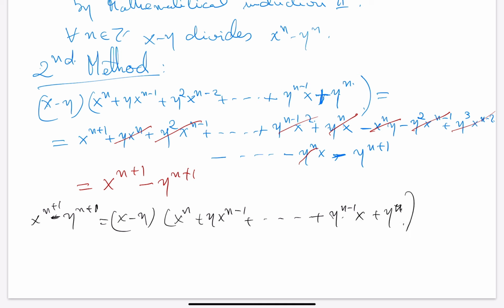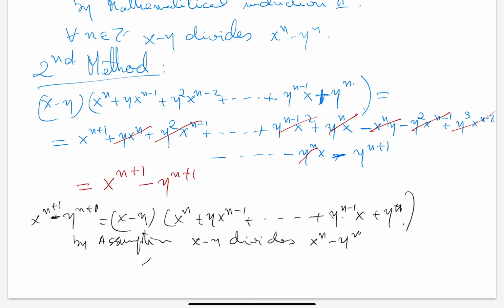So here, since we suppose this one is true, since by assumption we know x minus y divides x to the n minus y to the n, then this one is divisible by x minus y.